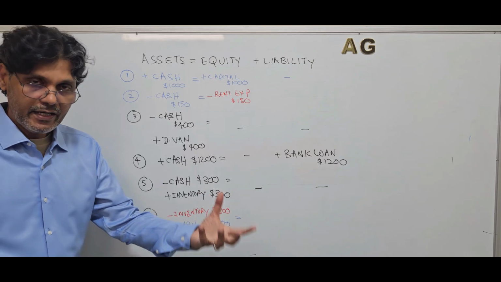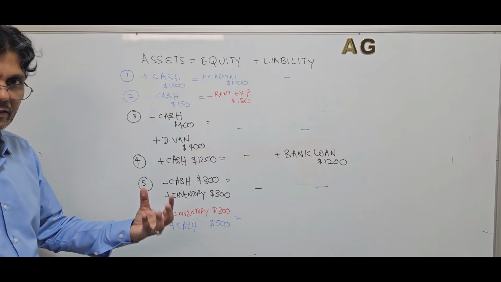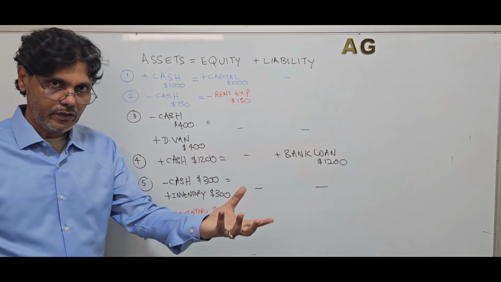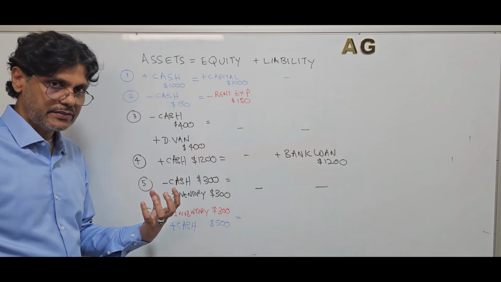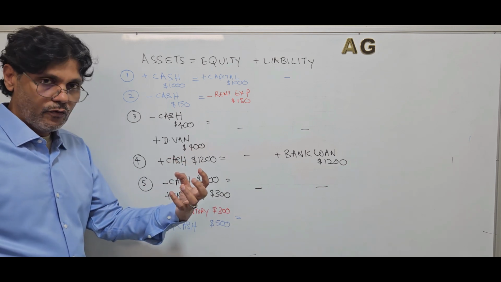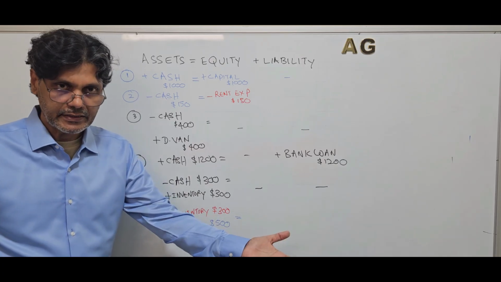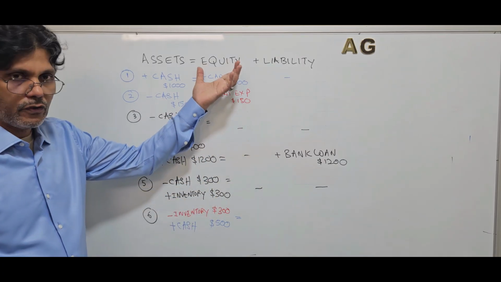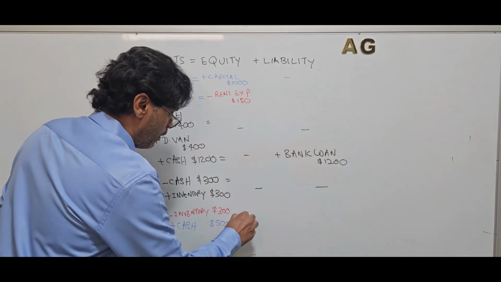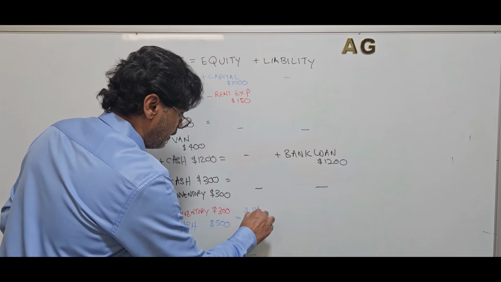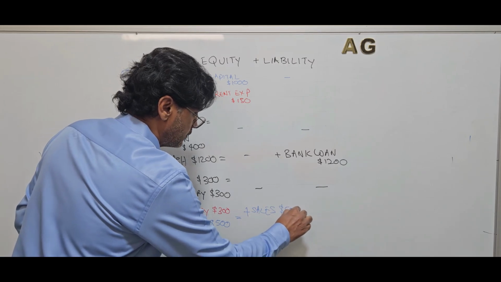That 500 will be your sales. When you calculate the profit or loss, you have to subtract all your expenses from your sales. So when sales increase, your profit will increase, and eventually it belongs to the owner, so the equity balance will increase. Therefore, instead of profit I will take sales as $500.